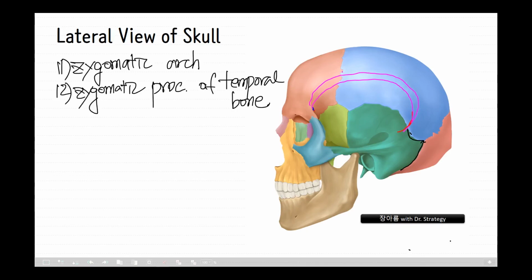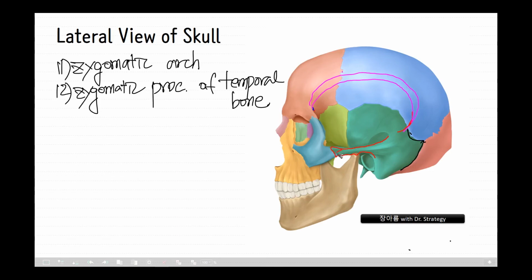The final structure we will discuss is the zygomatic process of the temporal bone. In fact, this is a major constituent of the zygomatic arch that I described just before. This is the zygomatic process of the temporal bone. It arises by two roots, if we describe more strictly.